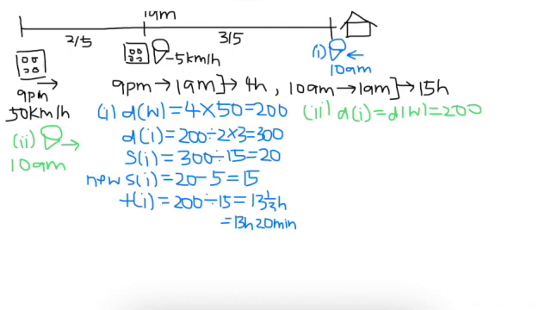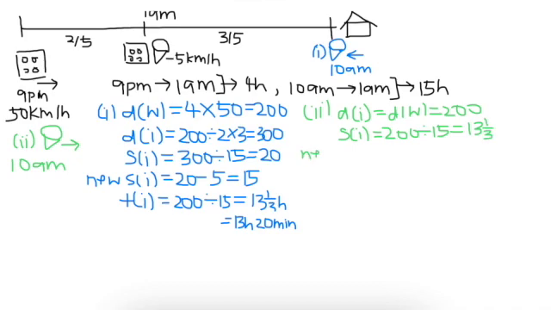Because there's a change in this distance, we can find the speed of I, which is 200 divided by 15. This gives us 13 and 1/3 kilometers per hour.